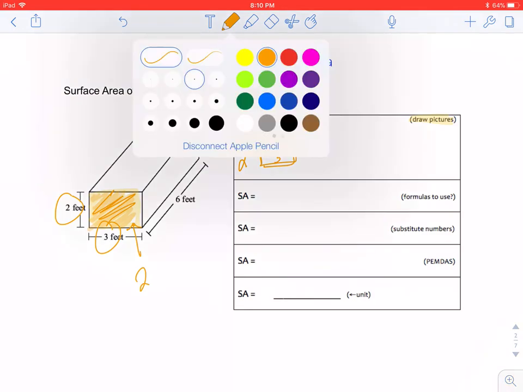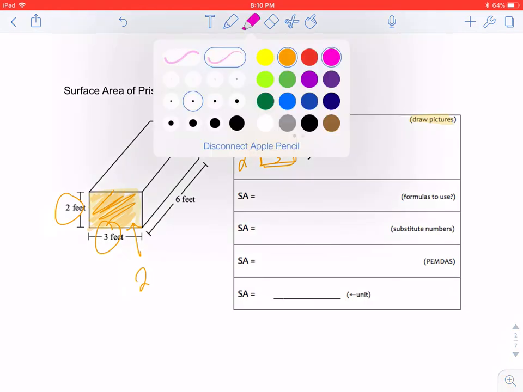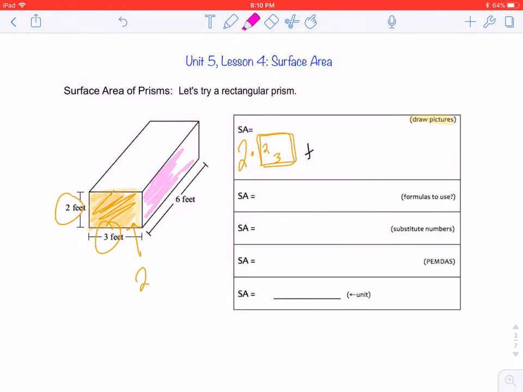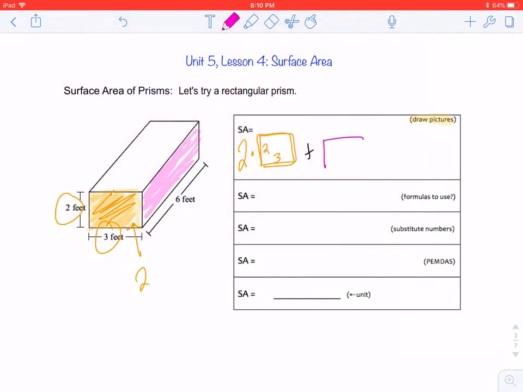All right, from there, let's add other rectangles that you might see. You might see that here, we have this pink one, that one along the side. So what I'm going to do is draw a picture of that one here. It doesn't really matter if your picture is perfect. It's just a rectangle. That rectangle, hopefully you can see, is 6 by 2, because that comes over here.